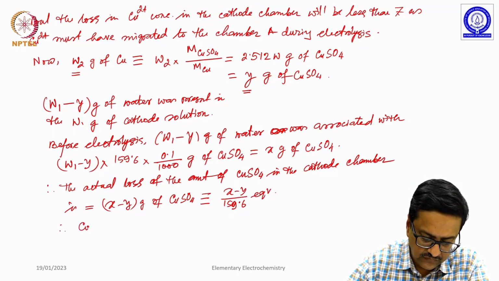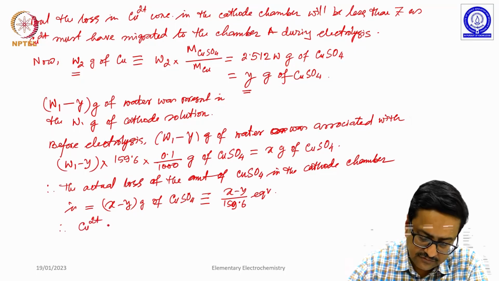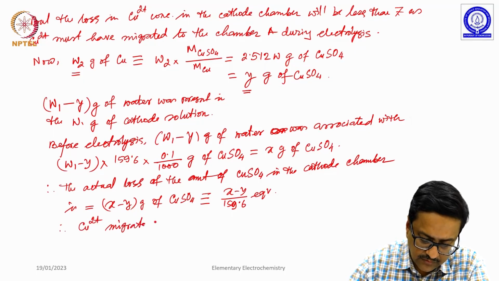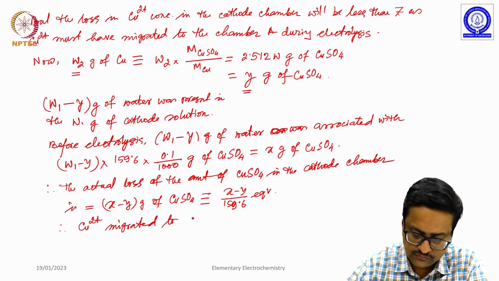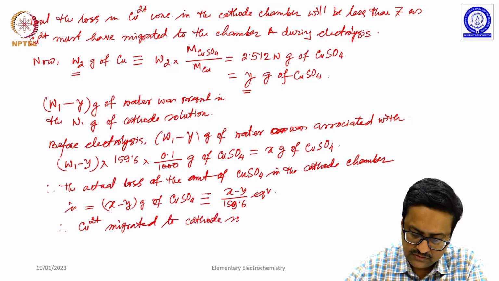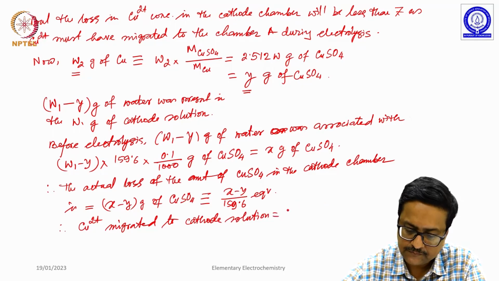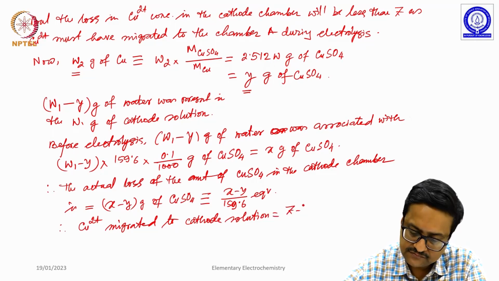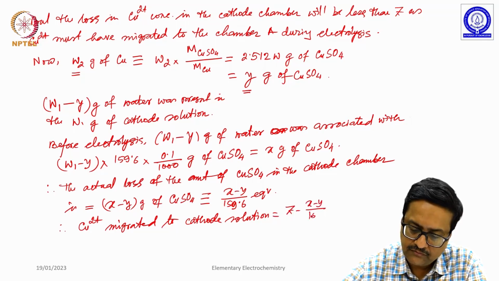Therefore, Cu2+ migrated to the cathode solution during electrolysis is nothing but Z minus (x minus y) by 159.6 equivalents.